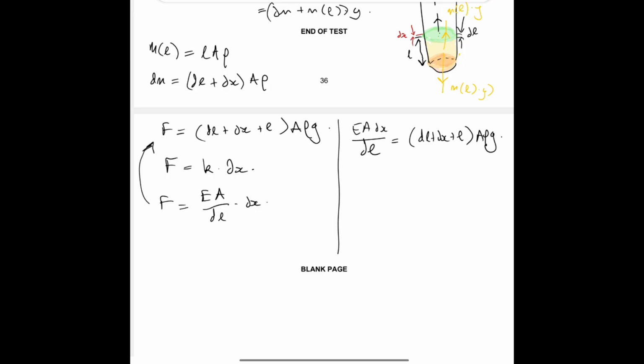I'll tell you now that what I'm trying to get is an expression for dx in terms of dl. So here we go. dx is going to be, that becomes dl squared plus dx times dl, dang it, plus L times dl times A rho g.